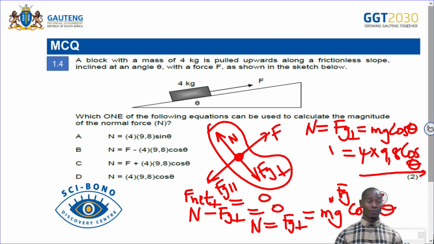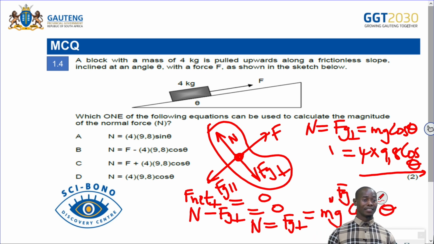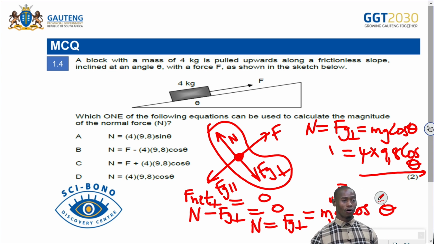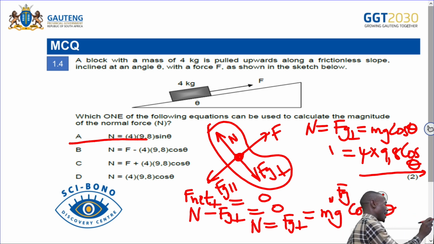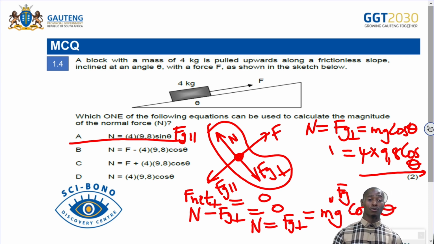So this is what we want. Let's check which option that is, where I'm having 4 times 9.8 cos theta. What is wrong with option A? It is 4 times 9.8 sin theta. So for A, it is the magnitude of Fg parallel, not Fg perpendicular, which is equal to the normal force.